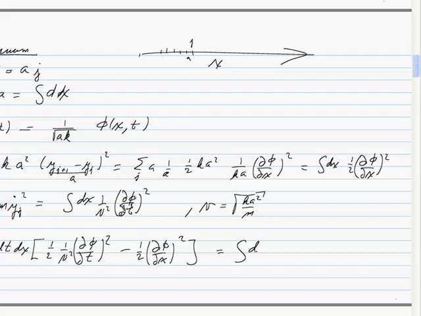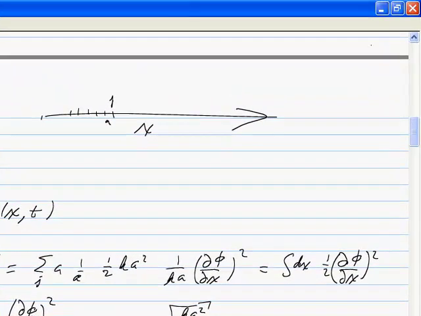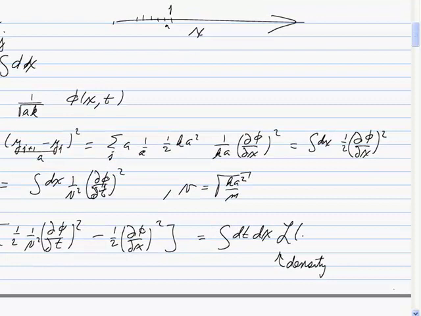It has this general form, the integral dt dx of a Lagrange density. Lagrange density because the Lagrangian is itself the integral dx of the density. That's a function of the field and its time derivative. It's also a space derivative. I can put that in there too if you want.